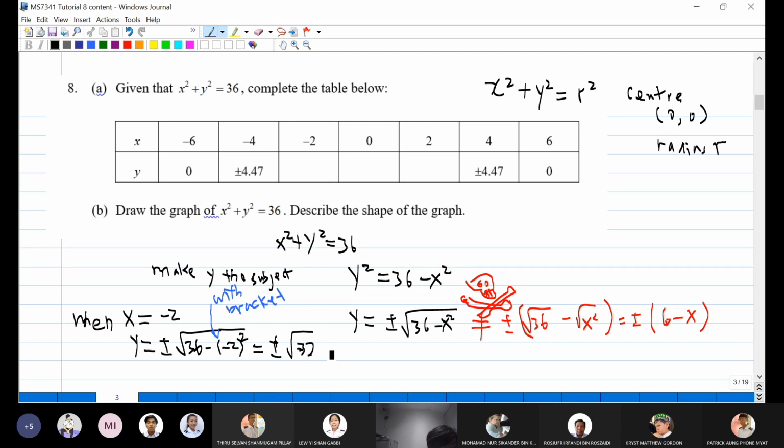So you press the square root of 32. You don't get a nice number here. Let's calculate the square root of 32. This is equal to 5.67.